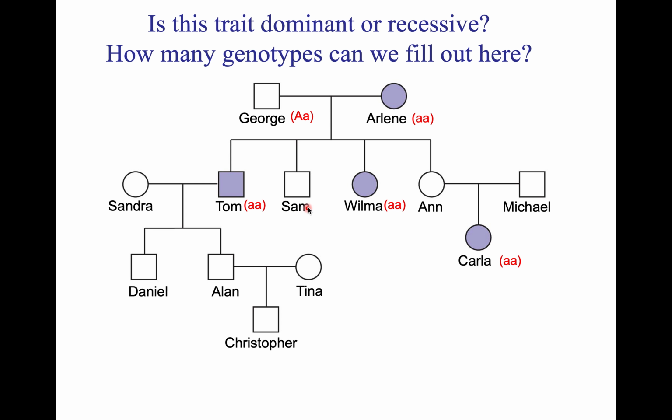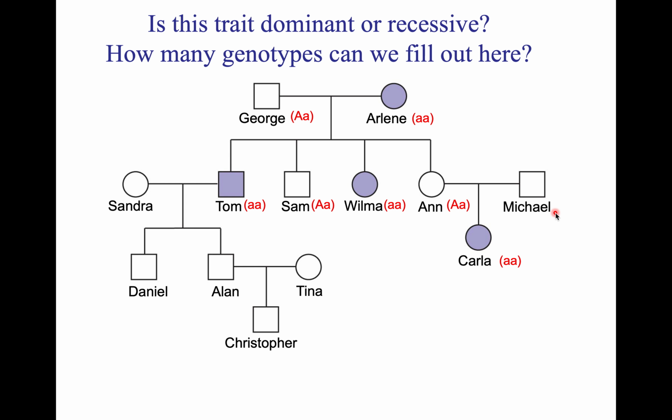What about Sam here? Sam didn't get the trait, so that means he should have gotten the big A gene from dad, and of course he would have gotten a little a recessive from mom, so he should be heterozygous just like dad. Anne over here should be the same story. What about Anne's husband Michael? He's coming in from outside the family.